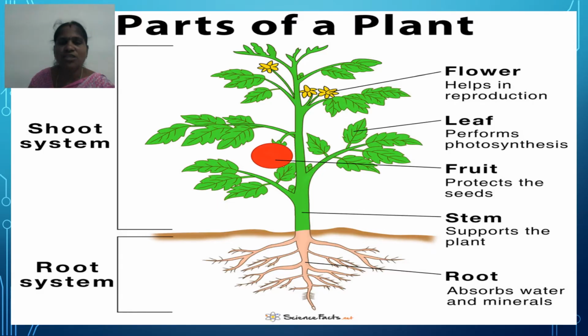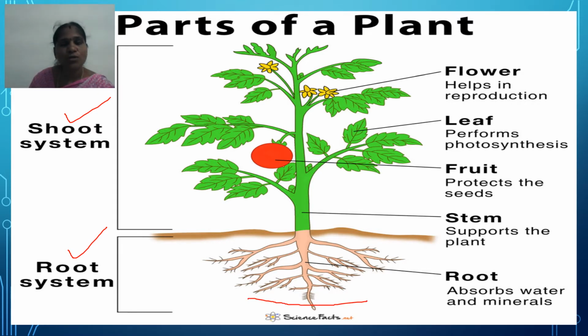In the previous session I said the plant can be divided into two main parts, the shoot part and the root part. The shoot part has many parts, like flowers, leaf, fruits, stem, buds, and the part below the ground we call the root.